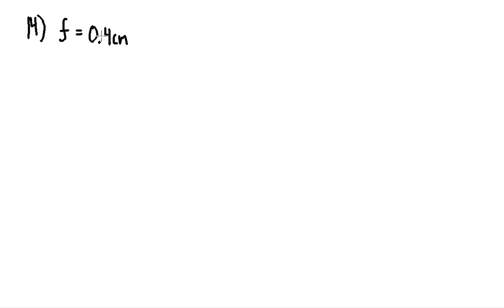Okay, and the object in the microscope slide is placed at a distance of 0.5 centimeters from the lens. So there's your object distance right there. 0.5 centimeters from the lens.